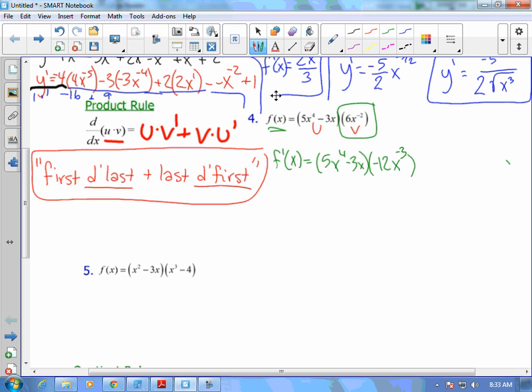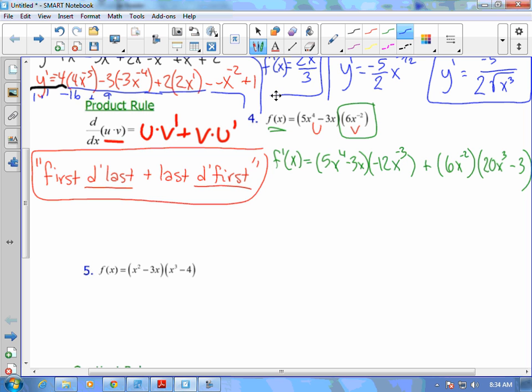Okay, so that's first d last plus last, 6x to the negative 2, d first, derivative of the first. Claudia, what's the derivative of the first? Good. First d last plus last d first. Does that part make sense? Okay, now just go through and simplify.